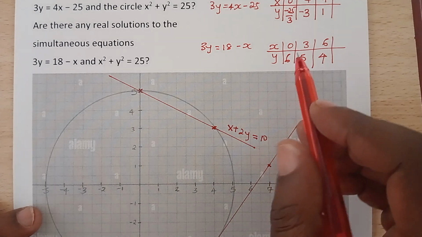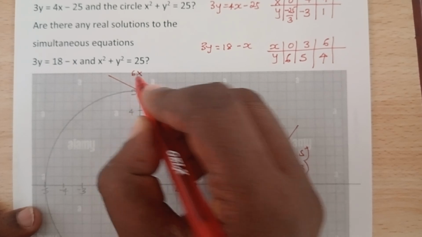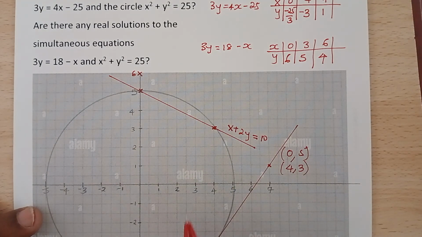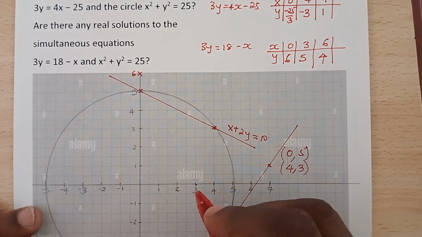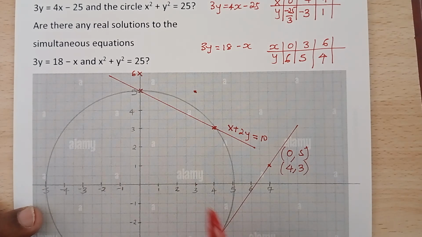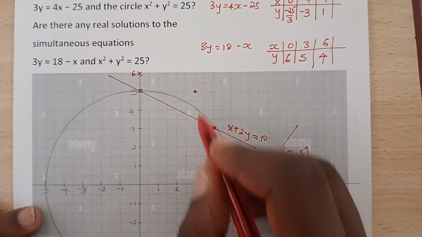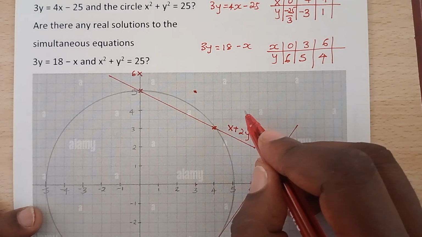Let us have the point 0, 6. This is 6. Let's have the point 3, 5. There we go. And the next point is 6, 4.